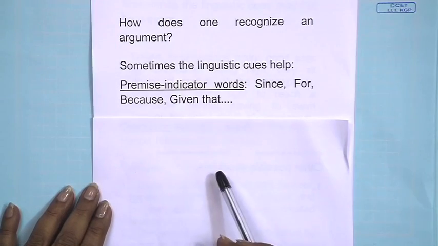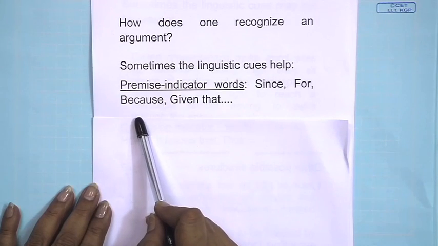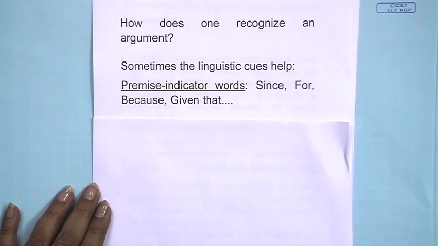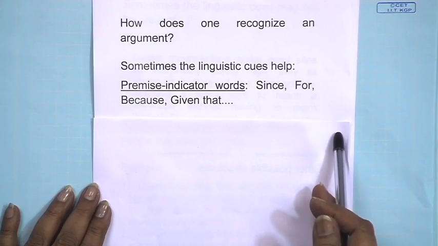So, you say, for this has to be the case, because that is a clear premise indicator word. There are many such words. So, just to give you an idea, read the passage carefully and try to locate premise indicator words, so that you know that what follows are claims acting as premises.